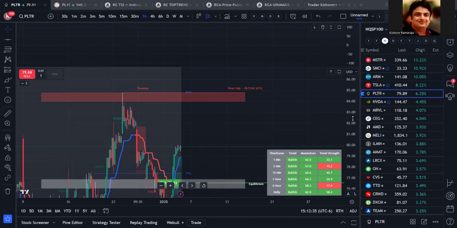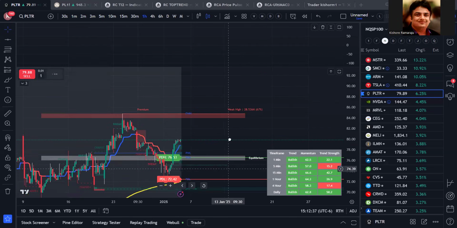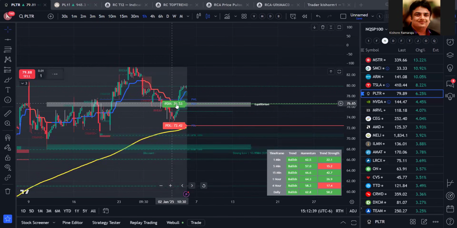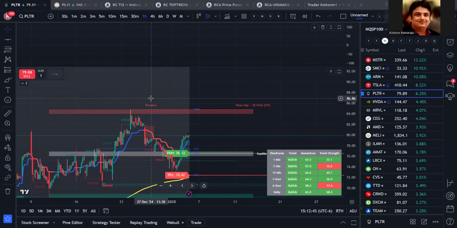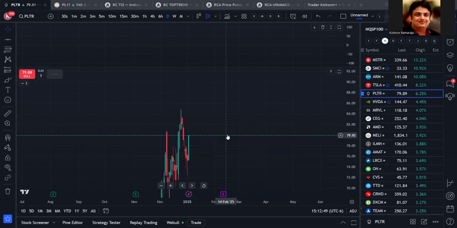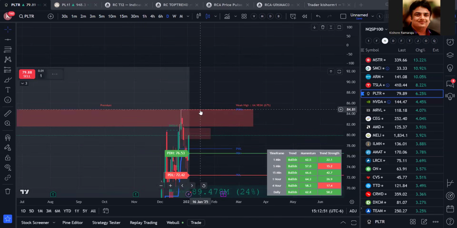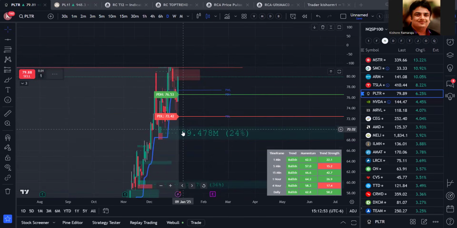So one major advantage is you can see whether the price is at a discount, at fair value, or at a premium zone. The second advantage is we can also see, especially for earnings, where price is. Let us say we have PLTR earnings and you see that price is close to a huge buy order block, then there is a very high possibility, 85 to 90%, that price can move up post earnings.